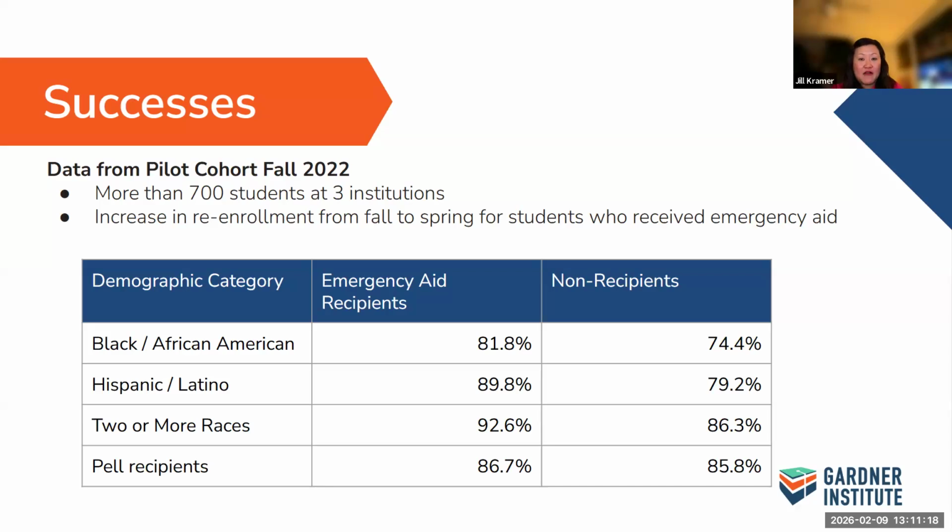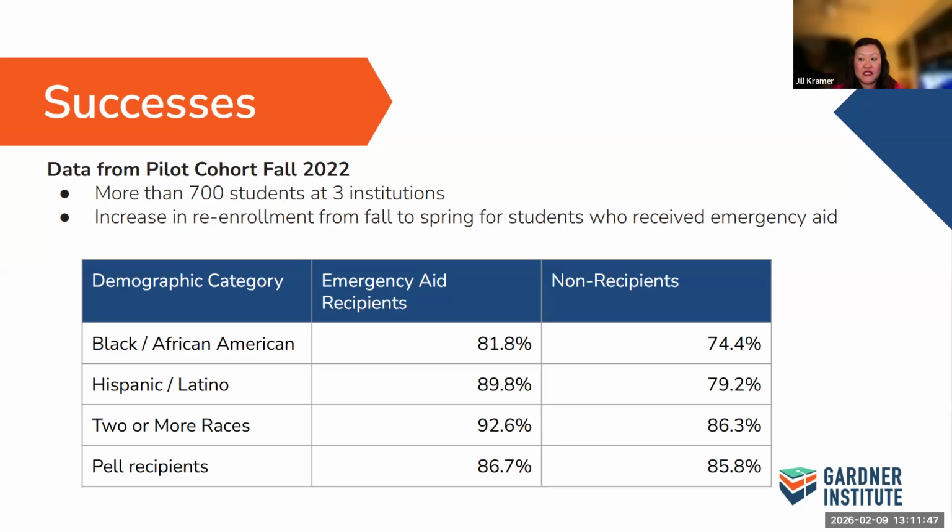But for Black and African American students who received emergency aid from this cohort, almost 82% of students persisted from fall to spring, compared to 74.4% of non-emergency aid recipients. We saw more than a 10% overage of Hispanic and Latino students at almost 90% of students retaining from fall to spring compared to 79%.